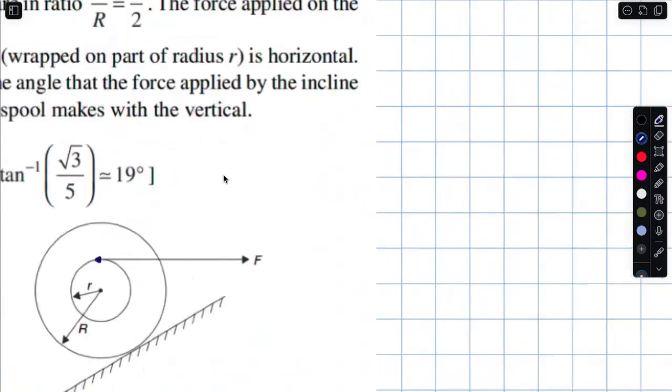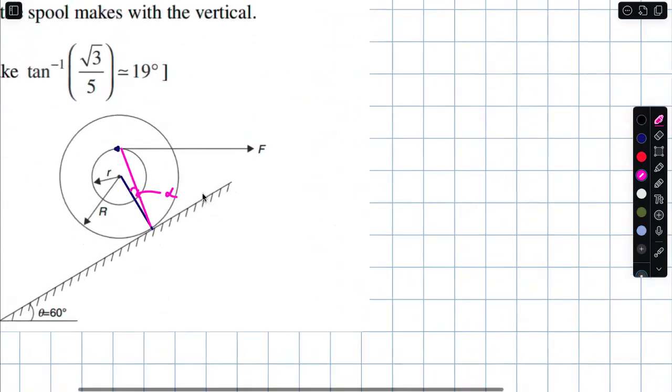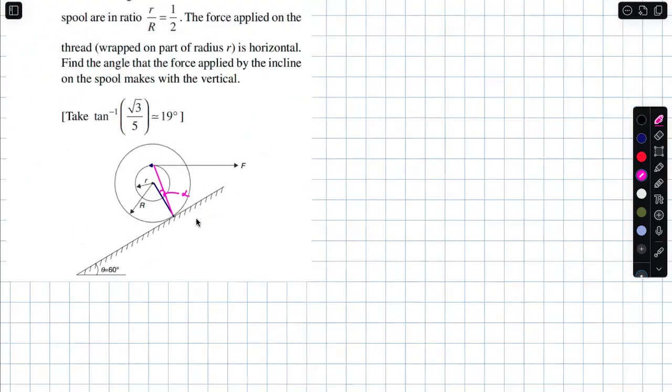See, what you need to understand here is that this part is at right angles, but this part is not at right angles, and this will make some angle alpha, because you said that force is horizontal.